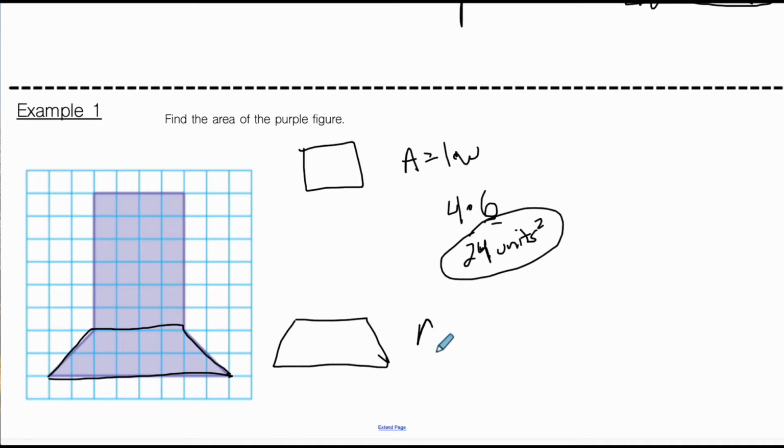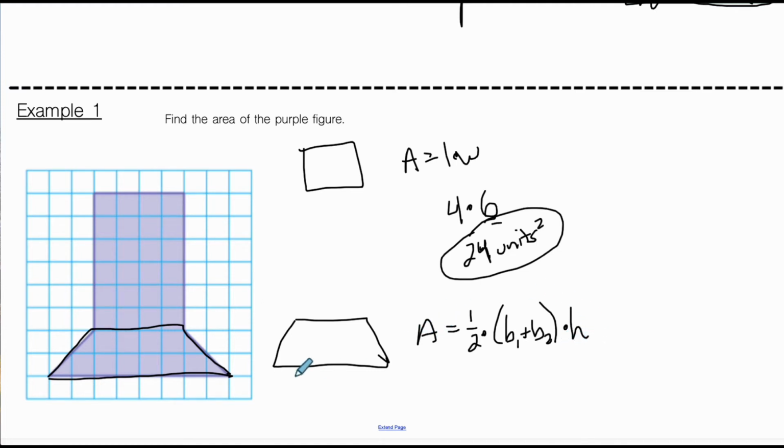Area is equal to the sum of the bases, so base 1 plus base 2, multiplied by the height of the trapezoid, and then you have to cut it in half. So oftentimes you'll see the formula written as 1/2 times the sum of the bases times the height.